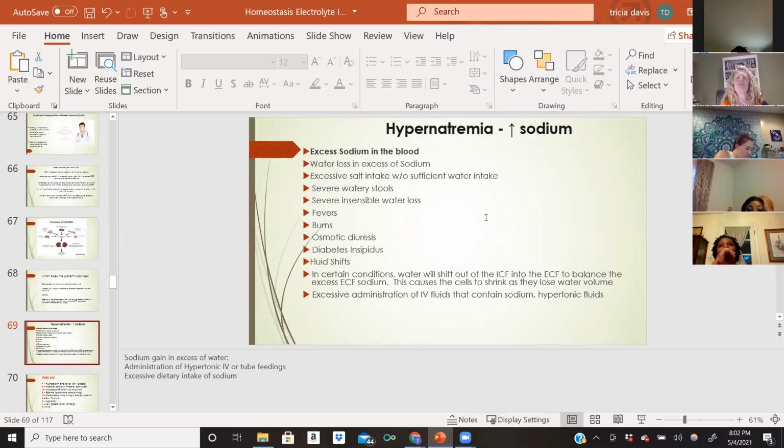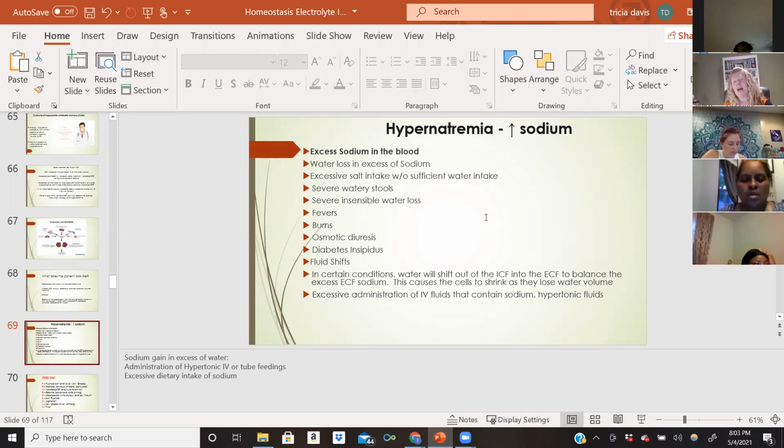This happens sometimes if we have severe watery stools, if we have severe insensible water loss, high fevers, burns, if we're doing osmotic diuresis of our patients. Sometimes we see it with diabetes insipidus, when there's fluid shifts in the body.